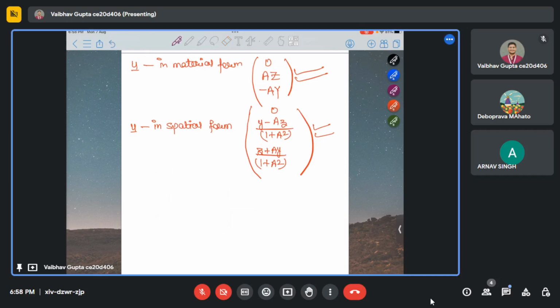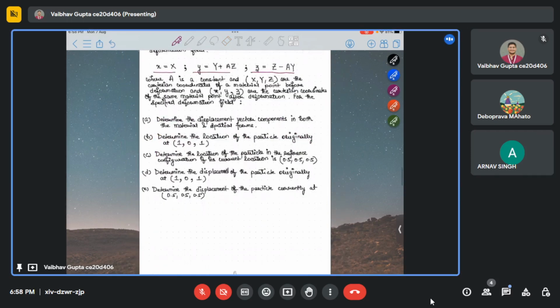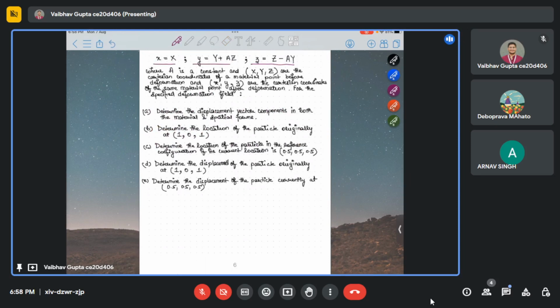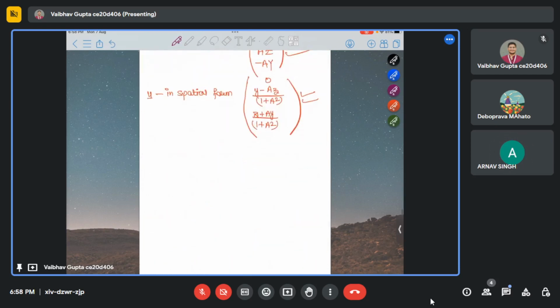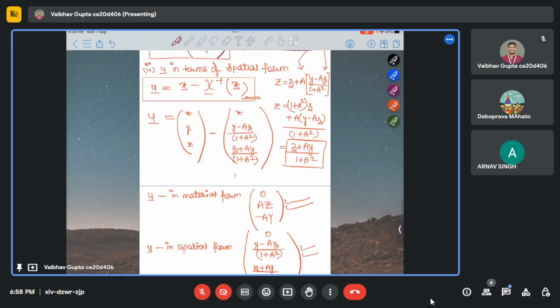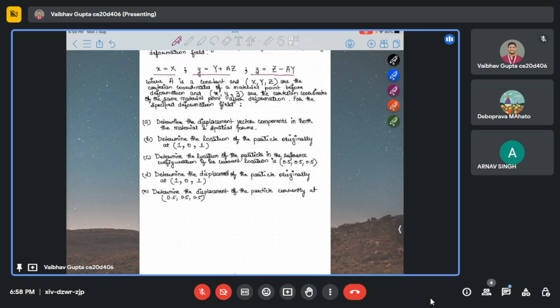Now moving ahead, in the second part of the question it is asked to determine the location of the particle originally at 1, 0, 1. He has given us the coordinates, but we have to find the location of our particle at that point.